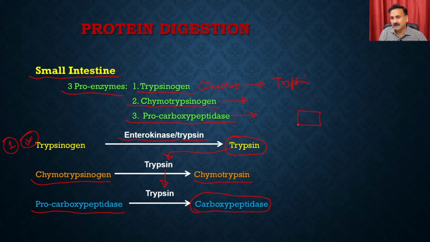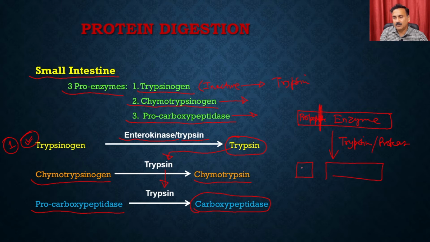Now what is meant by activation is that in a proenzyme you have two regions. One is the enzyme, and in front of this enzyme you have the propeptide, okay? This propeptide is blocking the activity of the enzyme. So with the help of the trypsin or any other protease, if you chew it up, then you are going to have two fragments.